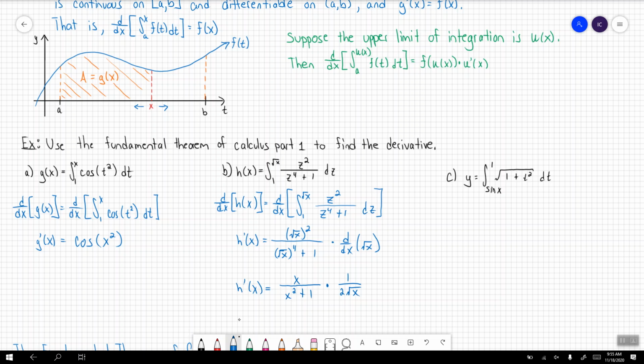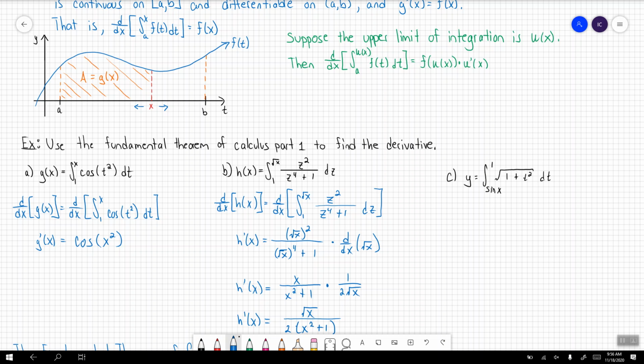And therefore, let's see if we can go through this process here. 1/2 square root of x, we're just going to have x over 2 times the square root of x. And square root of x is going to cancel out with the square root of x up here. So we're left with square root of x divided by 2 times x squared plus 1. And that should be our final answer.